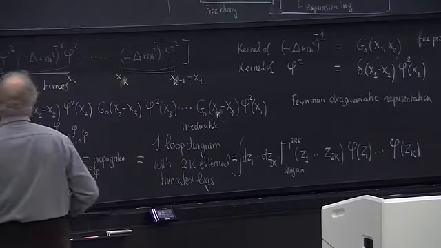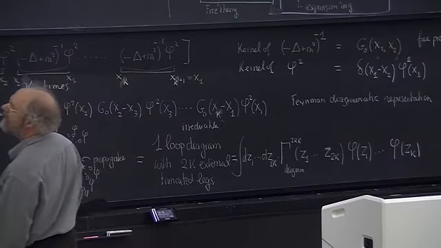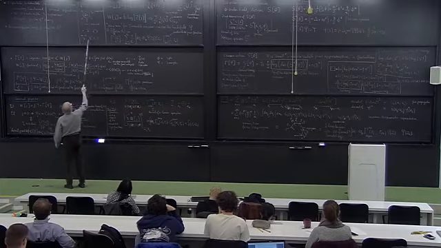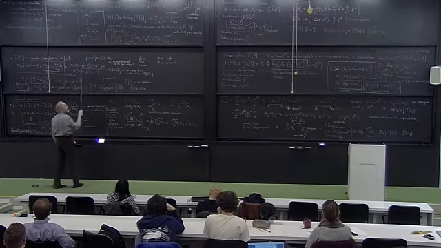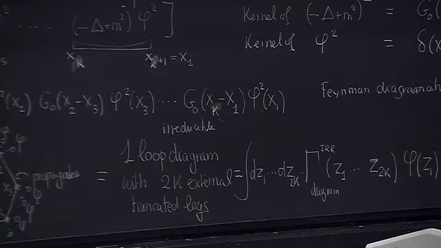Because you see, this formula contains this diagram, this diagram, this diagram. It doesn't contain this diagram because it's a diagram that contains 2 internal loops. Okay.